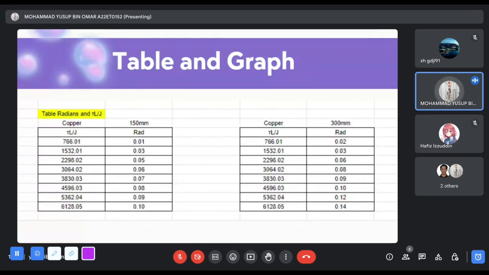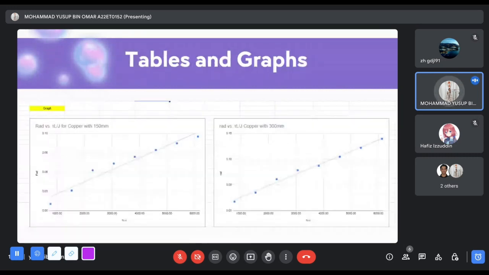So this is the table and the graph. The table is for copper 150 millimeter and 300 millimeter. So this is the graph for copper 150 millimeter and 300 millimeter.